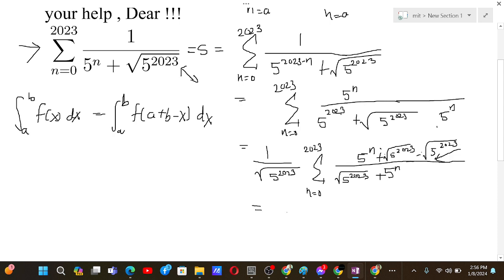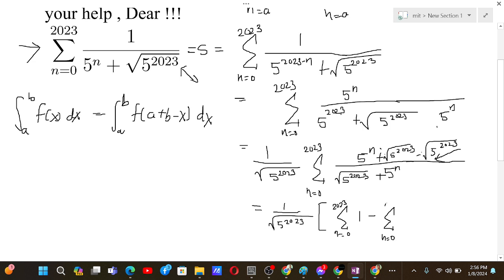Now this is 1 by square root of 5 to the power 2023. The first one is just the sum from n equals 0 to 2023 of 1, minus the second one, which is our original sum.